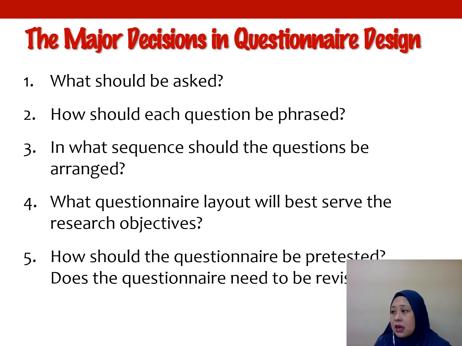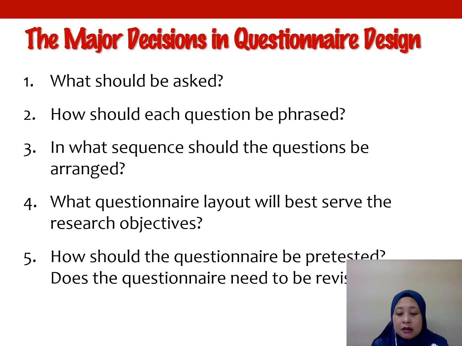Usually we practice two ways of checking your questionnaire. First, we call it validity, and the second one we call Cronbach's alpha. So during the designing of your questionnaire, you are compiling all the relevant statements or questions in your questionnaire.